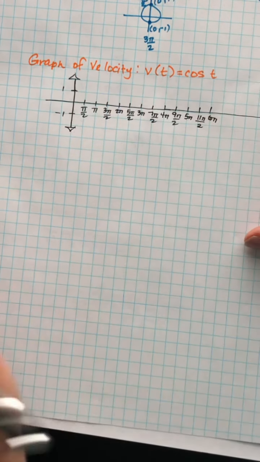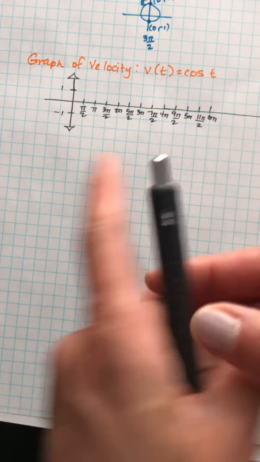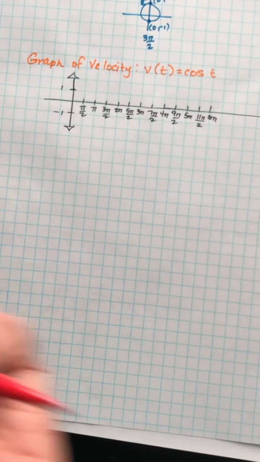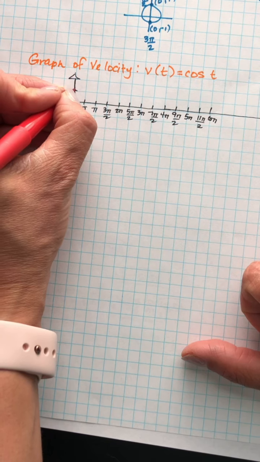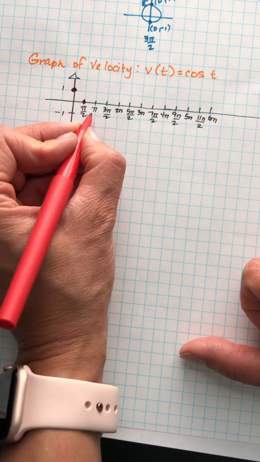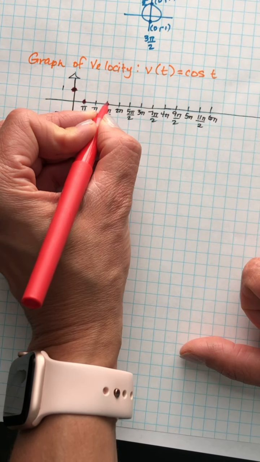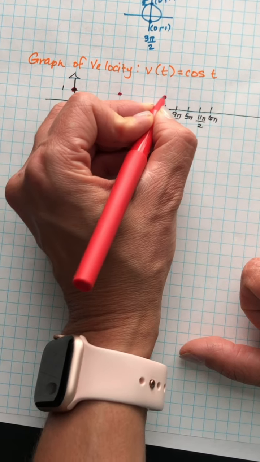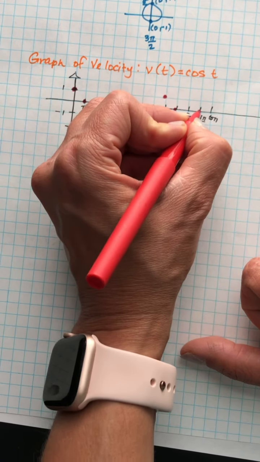I could keep going, but I'll just stop right there, because we know this is going to keep going forever. And we know cosine starts up at (0, 1), and it goes down, down, up, up, down, down, up, up, down, down, up, up.